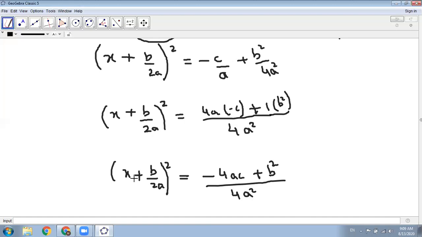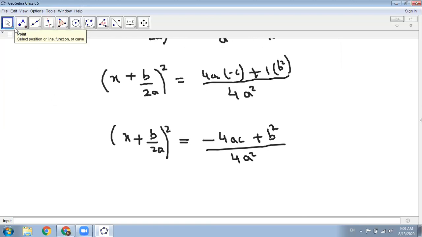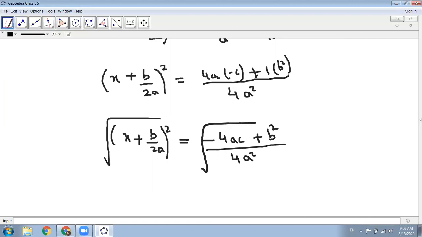Now we need to find the value of x because we are solving, or we are deriving, the equation. So we take the square root on both sides, to cancel out this square with the square root. We place plus minus on one side of the equation.